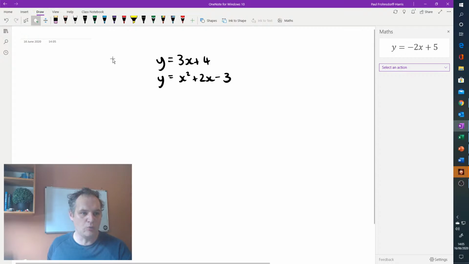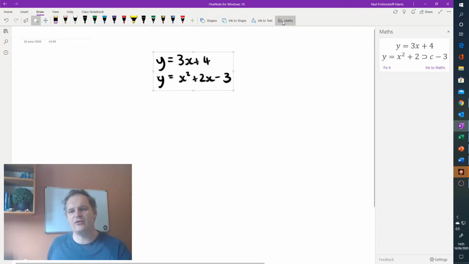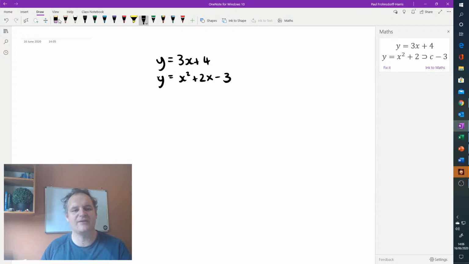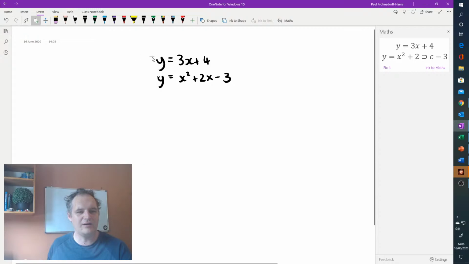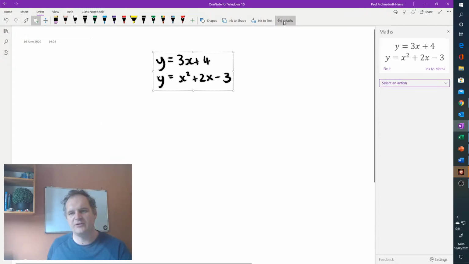Now I hope if I've done this correctly and I highlight them and then maths them, oh, so close, it nearly likes them. We had this before and I had to change the way I was doing x's. That's not a problem. I just change that x to an x like that and see what happens now. If I highlight them, this could still work. Maths it, and it's got what we wanted.